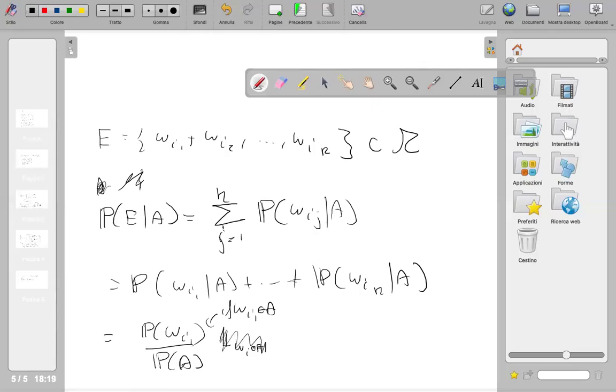Okay, this needs some notation which probably you are not familiar with. This function here is 0 if omega I is not in A, and 1 if omega I is in A. So I'm summing these functions here.